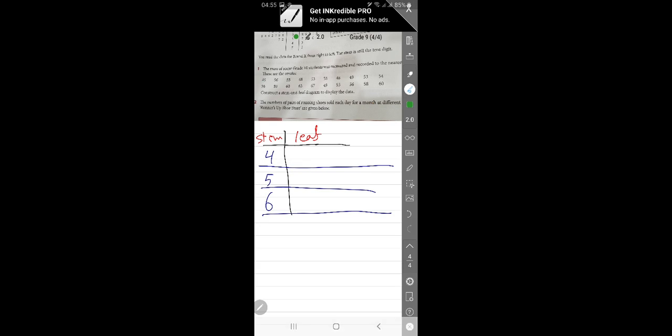Now 4, I have 45, so I will write 5 here. I'll cross it.